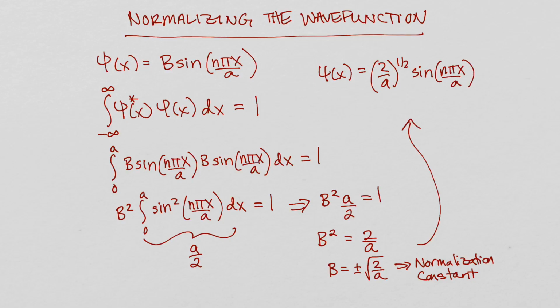You do get clearly both the positive and negative roots there when you take the square root. Convention for us will be to just use the positive value when we're writing out our wave functions. So this ends up being our final particle in a box wave function.